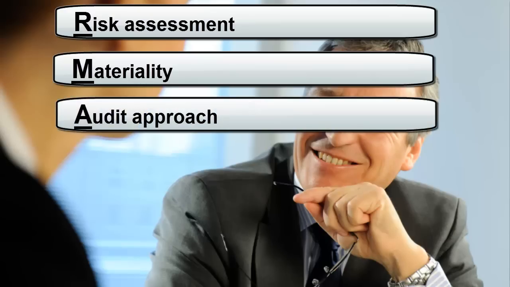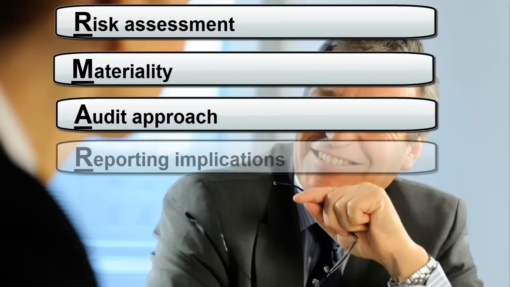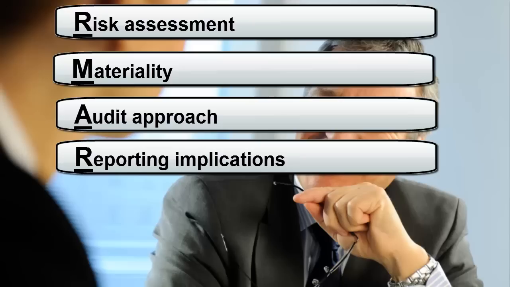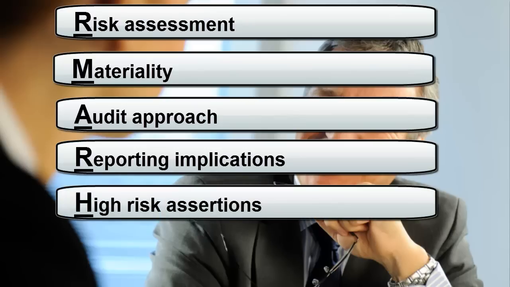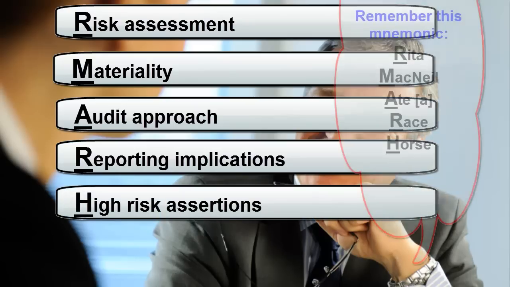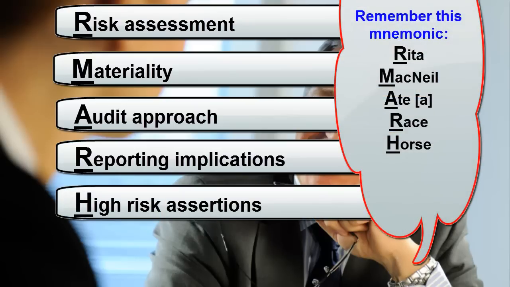Next, we have a discussion of our audit approach regarding whether there's any planned reliance on the internal controls or not, followed by a discussion of any possible reporting implications that might arise from any expected GAAP departures or possible scope limitations. And finally, a detailed discussion on the key management assertions and the procedures we will use to address these material risks of misstatement.